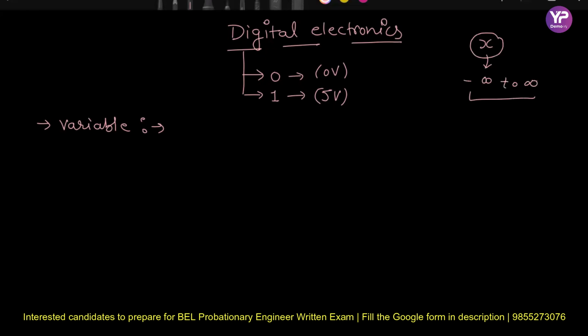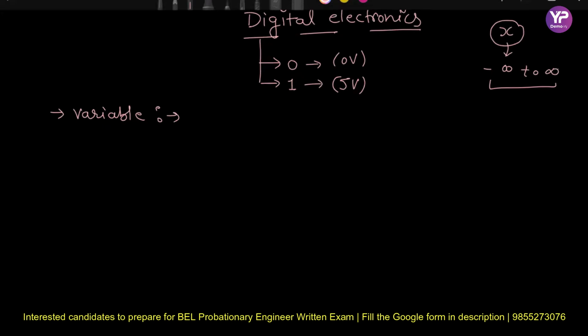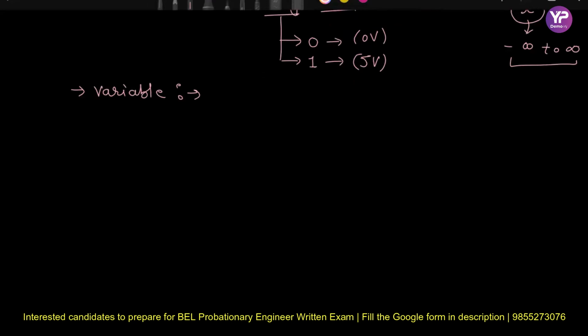But in digital electronics, a variable means something whose value can change, but if you define a variable a, it can take only two values, either 0 or 1.